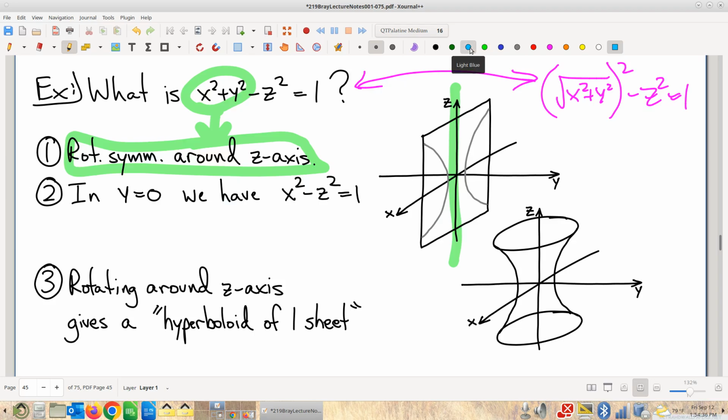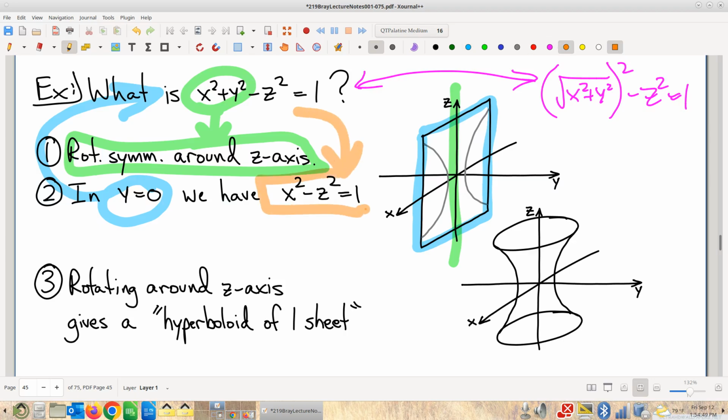This time, I'm going to use the XZ plane, otherwise known as y equals 0. Let's see what that looks like. The equation turns into this. Again, flashbacks to high school, right? This is a hyperbola. It's a hyperbola that looks like this.